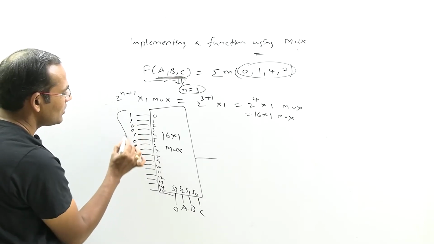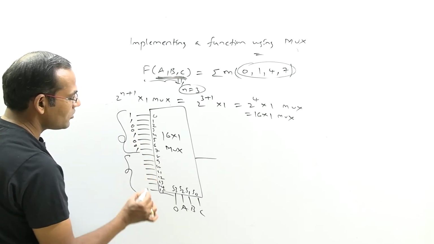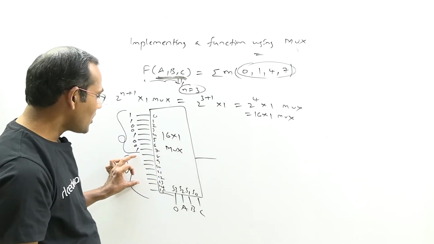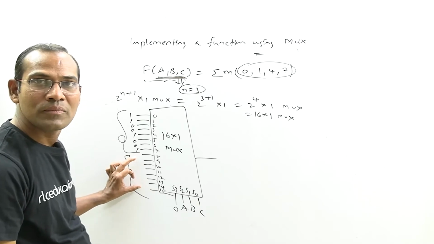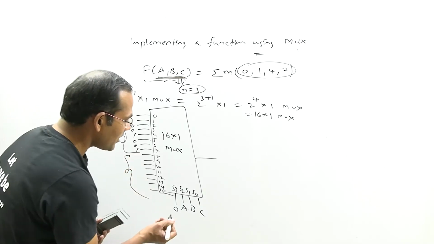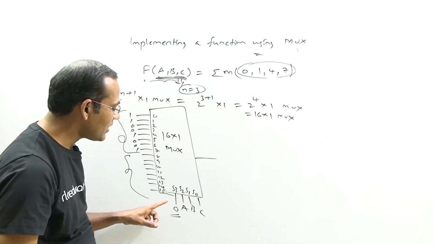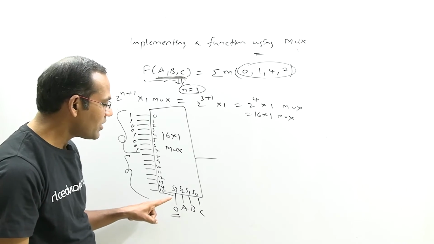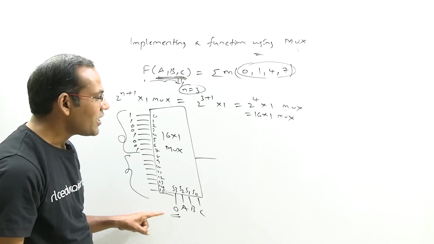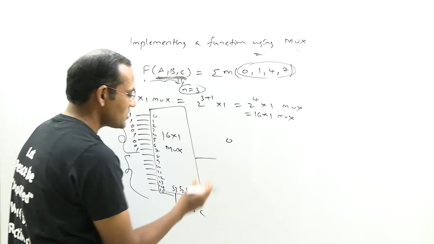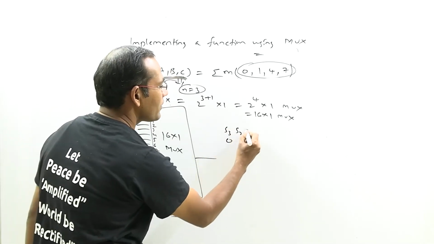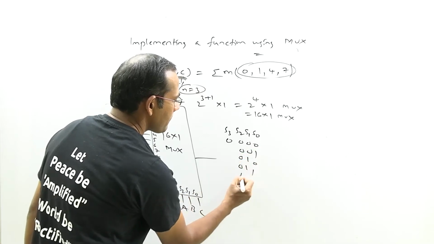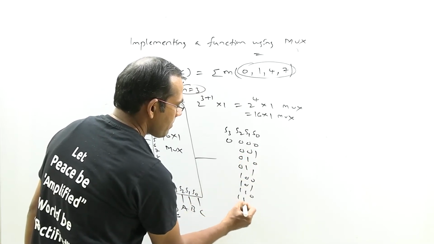Actually just write up to this point, no need to write zeros at all here, because anyway they will not come. The reason is, if you observe carefully, S3 is permanently connected to 0. So that means always the different combinations we can apply is like this.